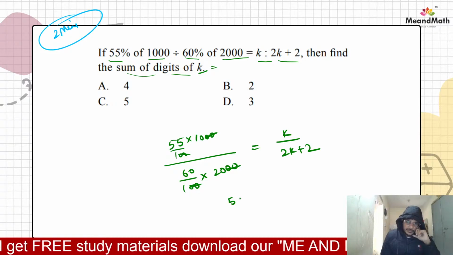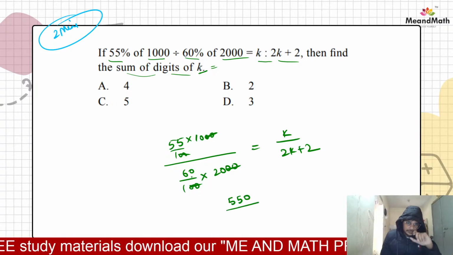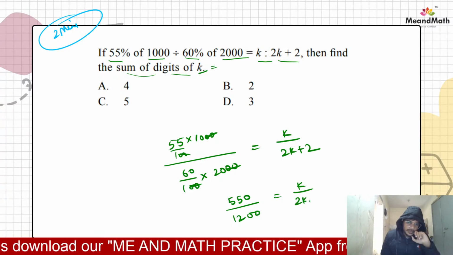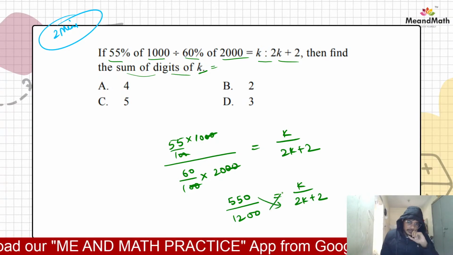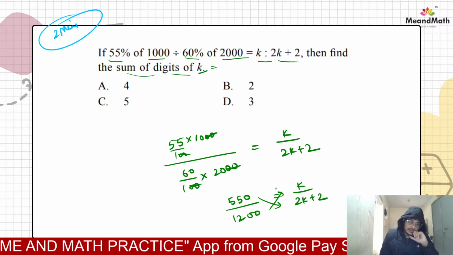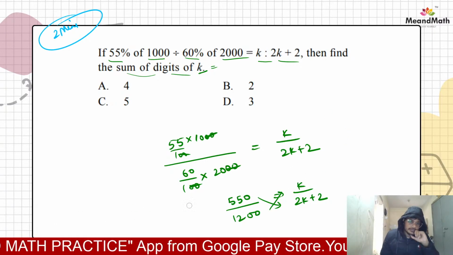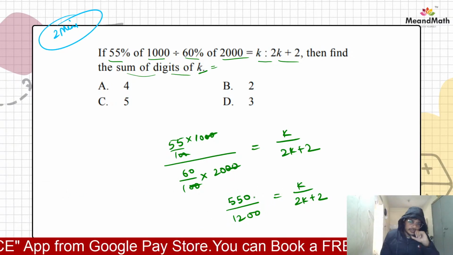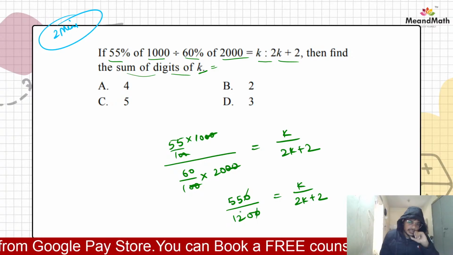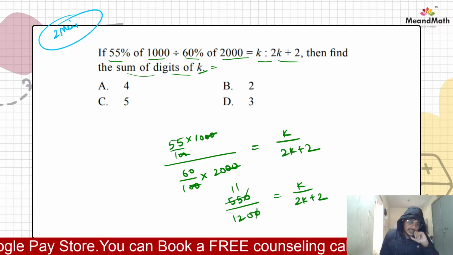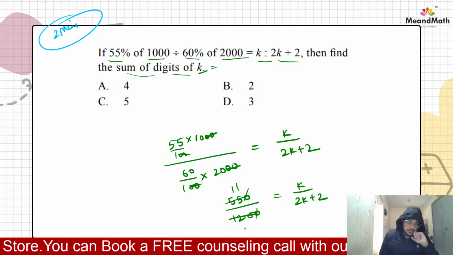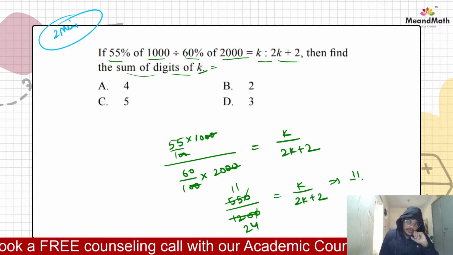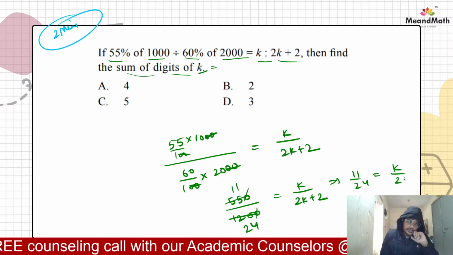That is 550 upon 6 into 2, 1200 is equal to k upon 2k plus 2. Before doing the cross multiplication, cut out the zeros here and say 5 times 11 and 5 fours are 20, that is 24. This is 11 over 24 is equal to k upon 2k plus 2.